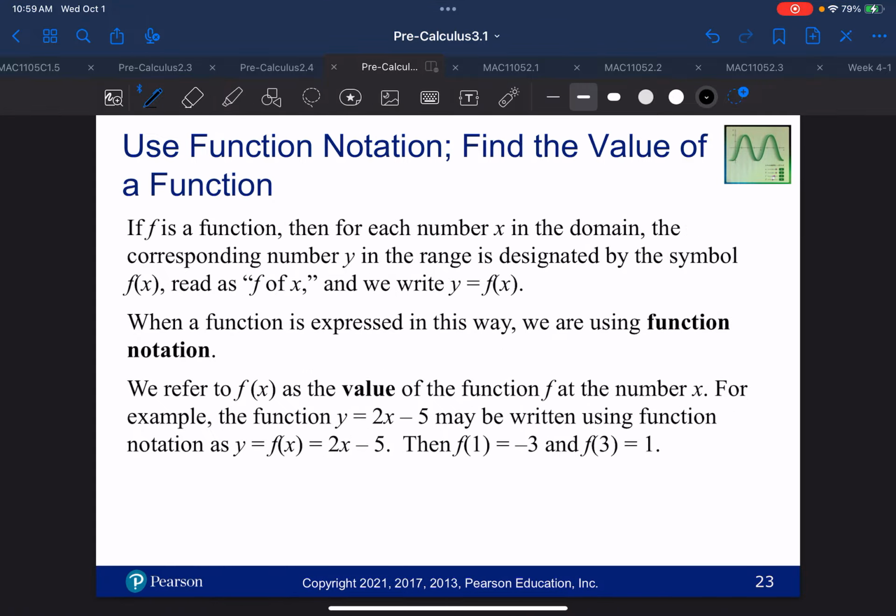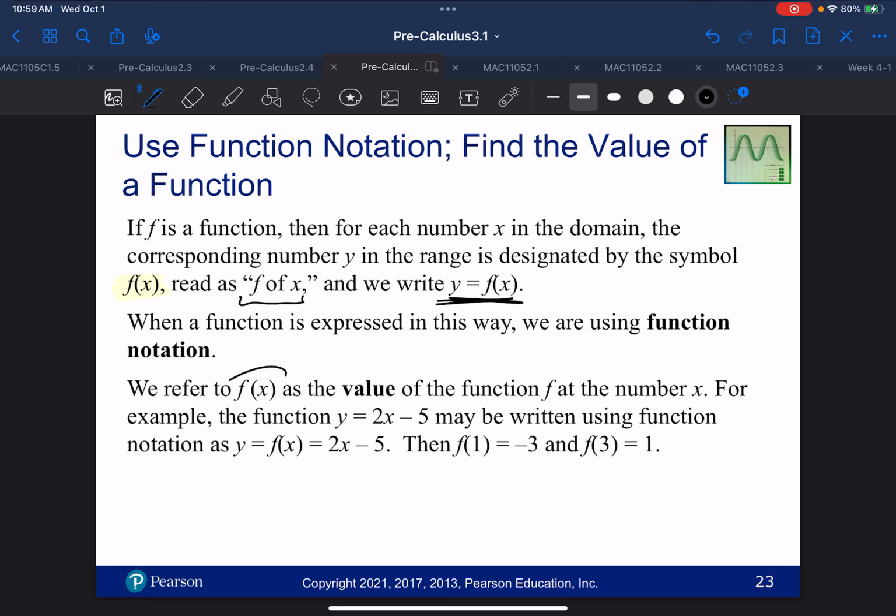Okay, so if f is a function, then for each number x in the domain, the corresponding number y in the range is designated by the symbol f of x. I'm sure we're already aware of this. We read this as f of x, and f of x is the same thing as y. When a function is expressed in this way, we're using function notation.